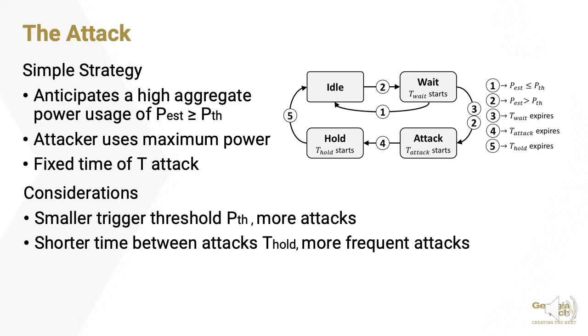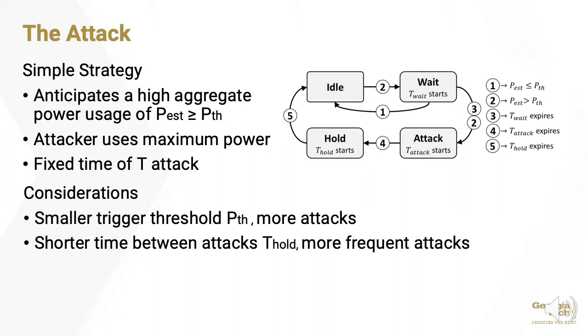This is because the power level will rise to the lower threshold, thus triggering an attack. If we raise the threshold higher, we'll reach that threshold fewer times, thus initiating fewer attacks. This is important because the more attacks that are initiated, the higher the odds are of being detected by the data center, thus being evicted.